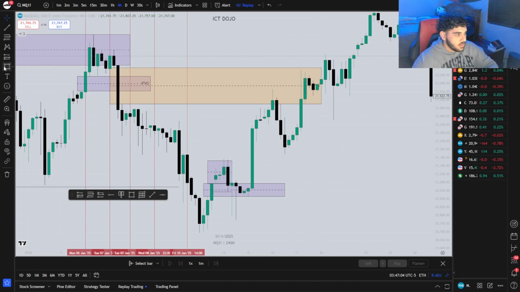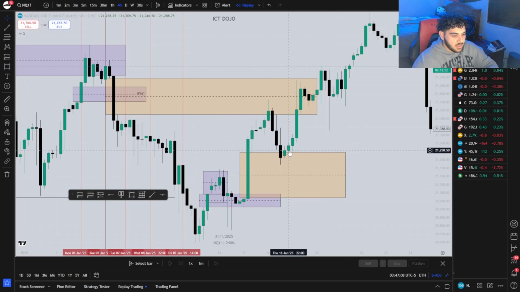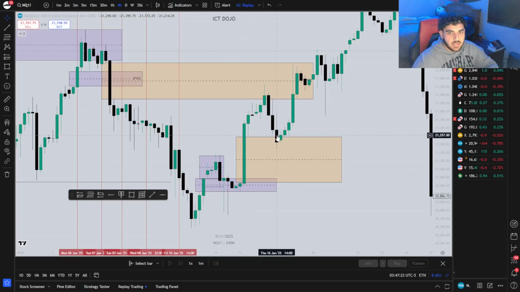Okay. By the time it's Thursday, you could see that we have more long opportunities. So we're going to frame our trade idea on the basis that our expansion is going to be during New York session. So these are great examples of what a weekly candle will look like.